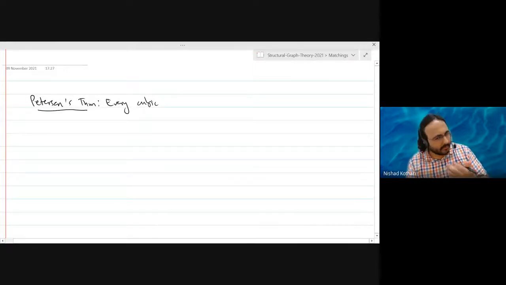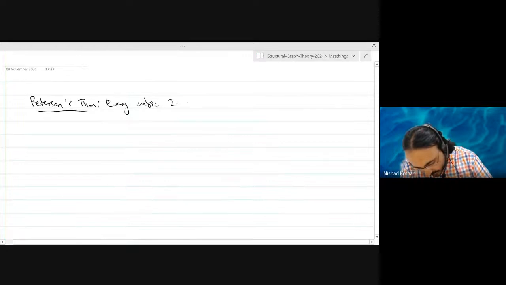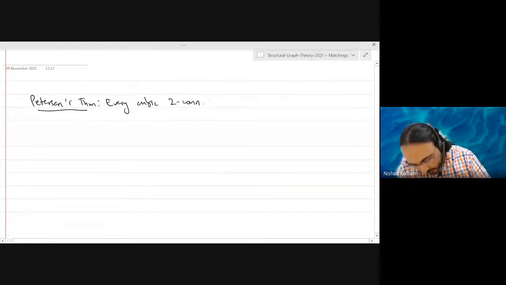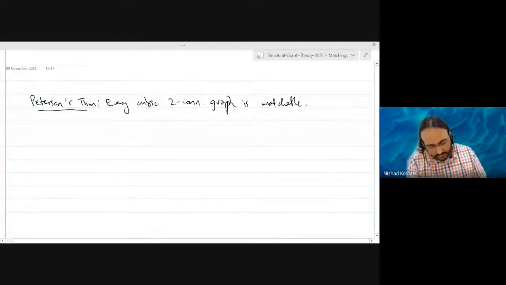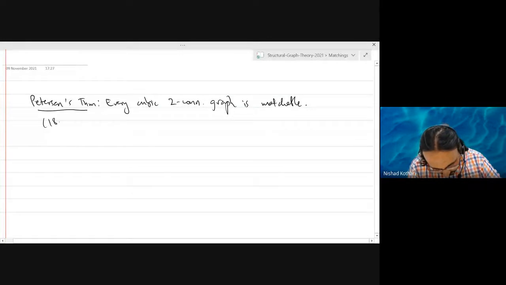But in the case of cubic, we know that edge connectivity is the same as vertex connectivity. You proved it on one of your assignments. So let me just say every cubic two connected graph is matchable. This is 1891.